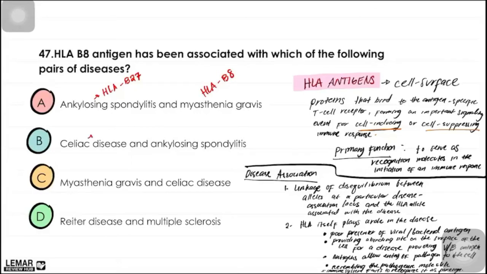Celiac disease, this is related to HLA-B8. And again, ankylosing spondylitis is associated with HLA-B27.